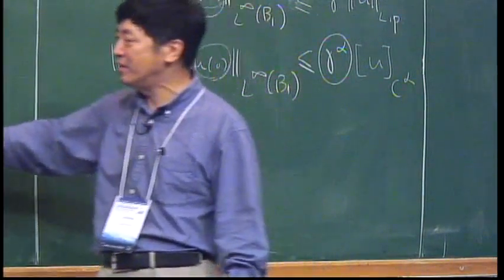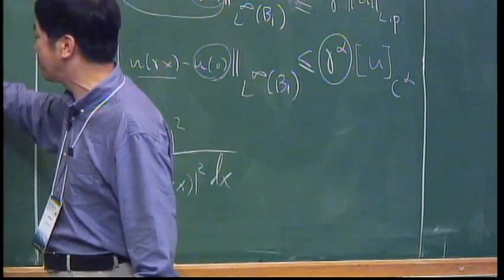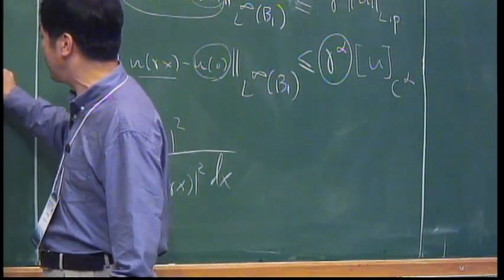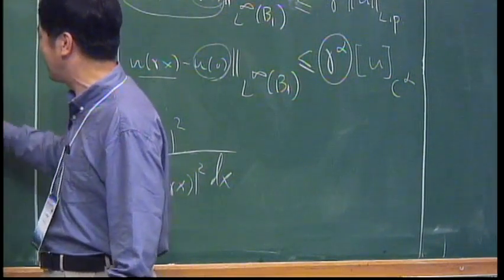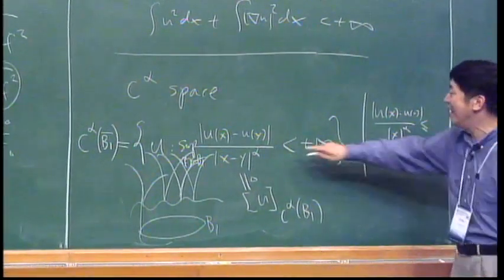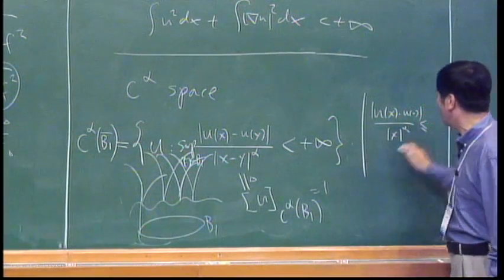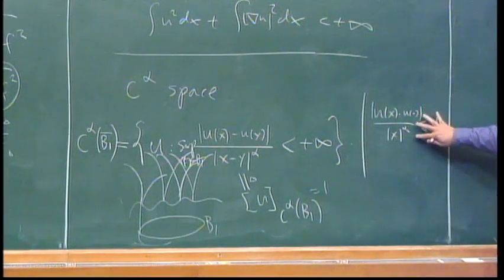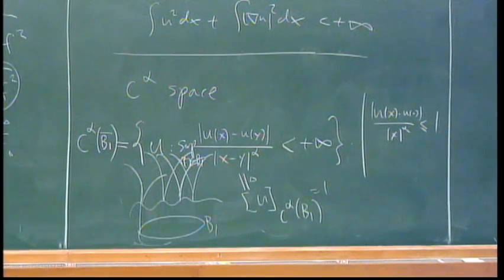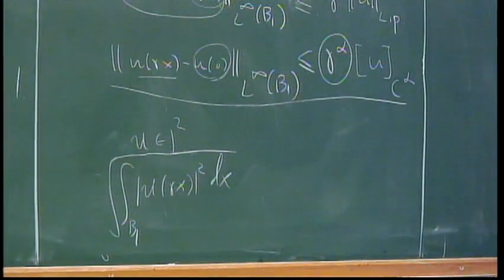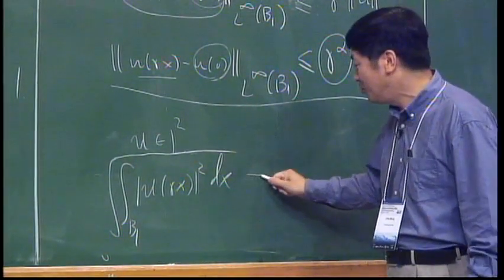This is equivalent to this fact: U of x minus U of 0 divided by x to the alpha is less than or equal to this number, say that's 1, less than or equal to 1. Then this and this fact, they are the same, right? Now, we do it on L2. Why not? Then what do you observe?